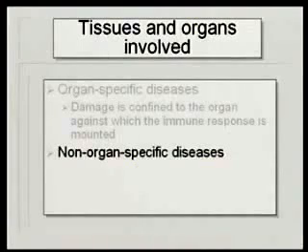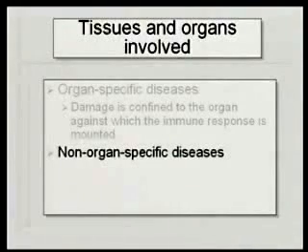So the nephritis that is a part of SLE is not due to antibodies against kidney tissue antigens, but it is against DNA and other nuclear components, but the kidney is being damaged, so that's non-organ specific.